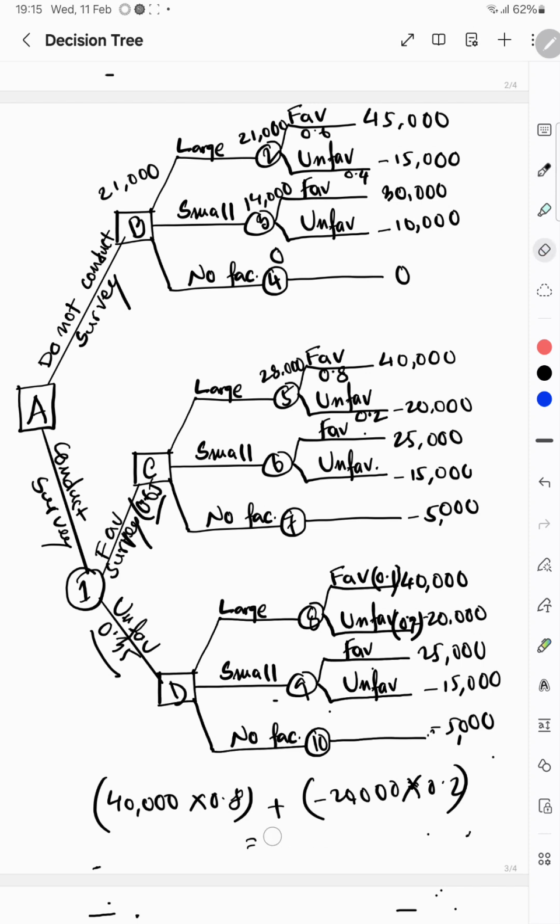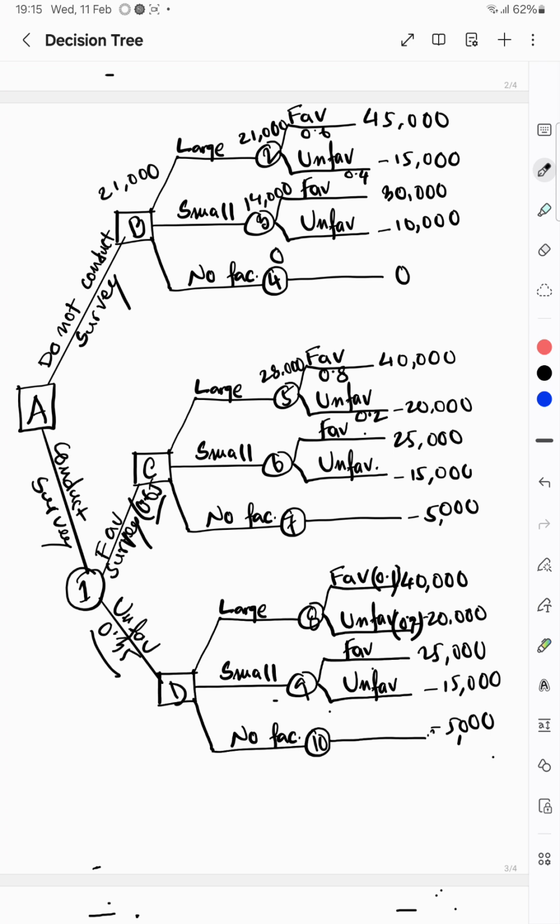You remember this method, so we will use the calculation using this process. Now the second one is 25,000 times 0.8 plus minus 15,000 times 0.2, which gives us 17,000.